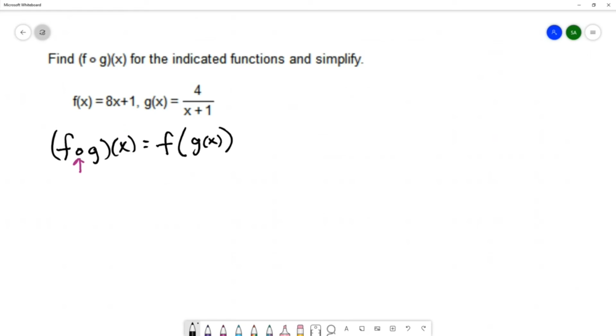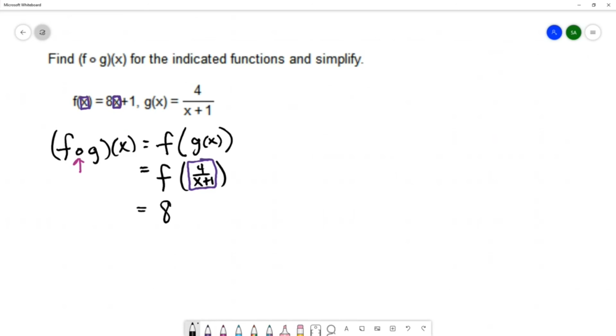So for this example, we're substituting g of x, which is 4 over x plus 1, into f. And when we substitute it in for f, we put it in place of the variable, because what's inside the parentheses is our placeholder for that. So we're going to put in place of that x, 4 over x plus 1.